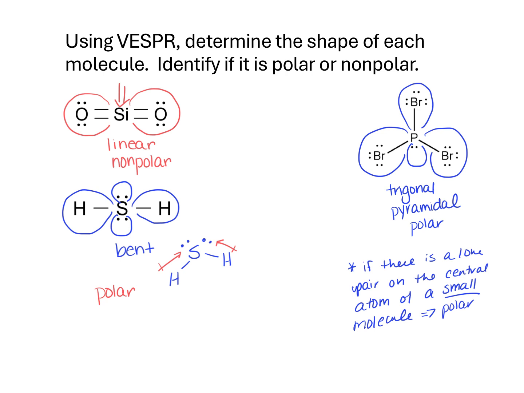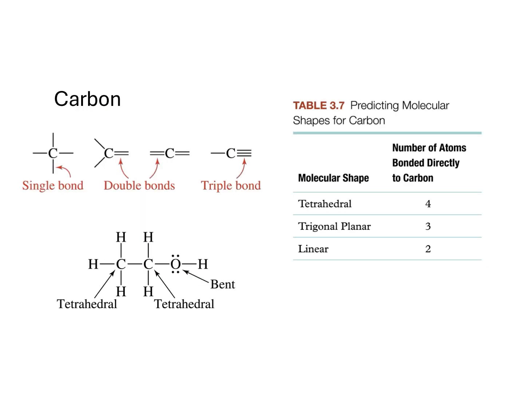Now, I want to take a moment, though, and talk about the polarity of larger molecules, because you can't use that with larger molecules. A few things about larger molecules. A lot of larger molecules are going to contain carbon. We're made out of large carbon molecules. And so we are going to begin to talk about that as we get into the different carbon molecules that are in cosmetics. Carbons can either make single, double, or triple bonds.